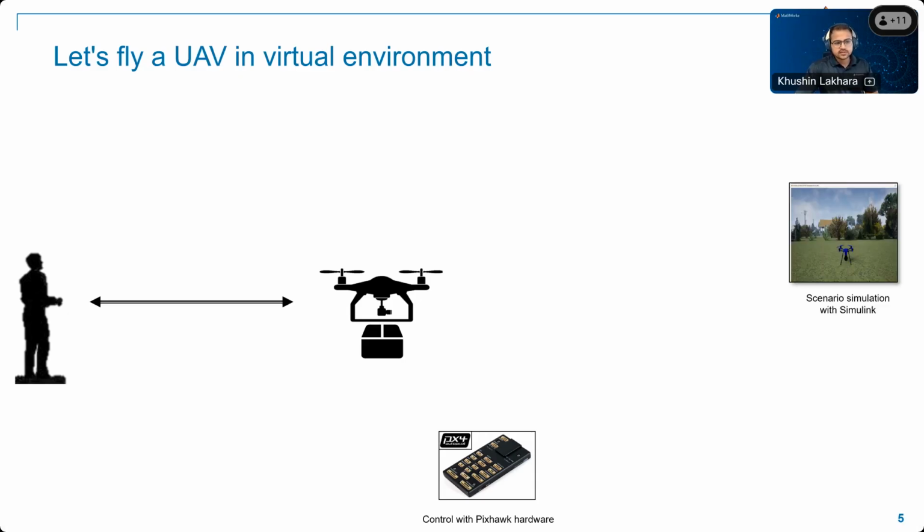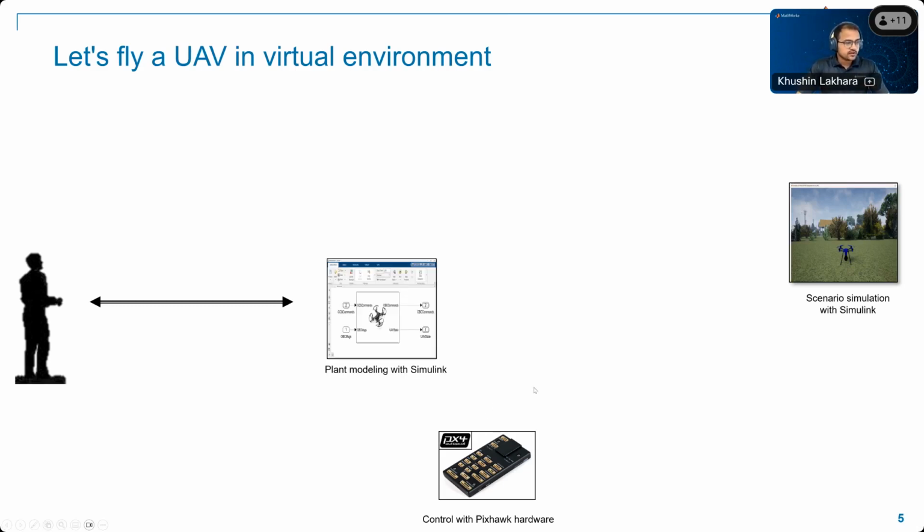Next thing we need is we want to visualize how our vehicle would be flying in the virtual environment. So we need the scenario simulation. In the previous workshop, we talked about how we do such scenario simulation and flight simulations with Simulink, and how we can do custom flight simulations. And we also talked about flight vehicle modeling and environment modeling in these cases.